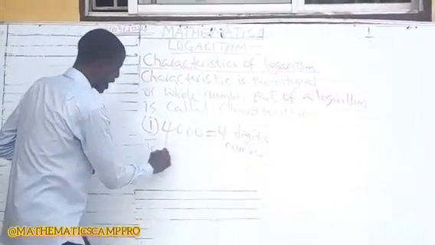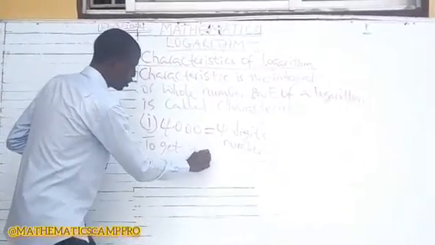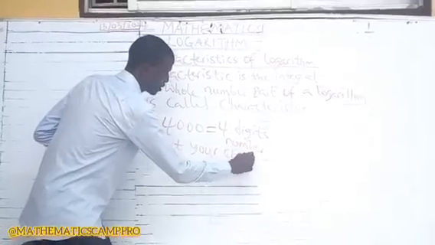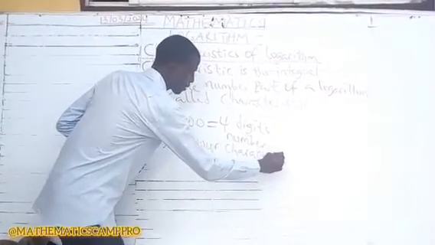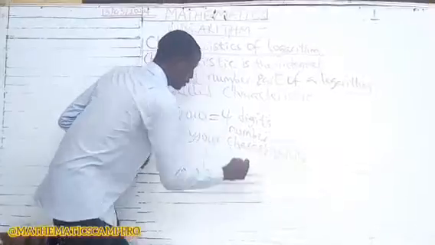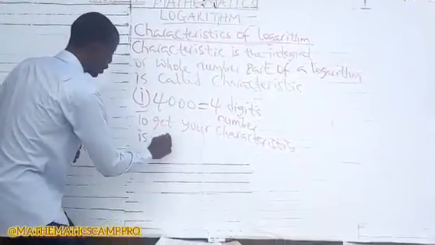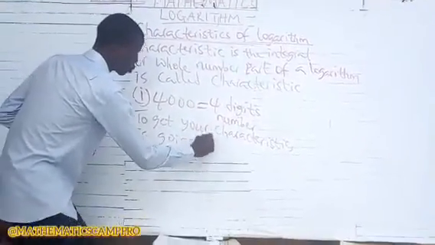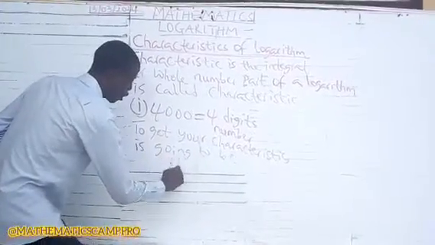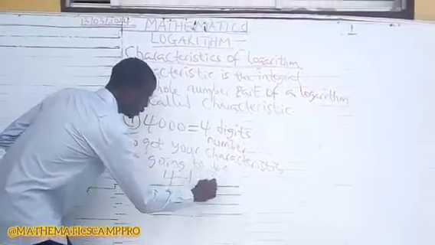To get your characteristics, it is going to be 4 minus 1, which is going to be 3.